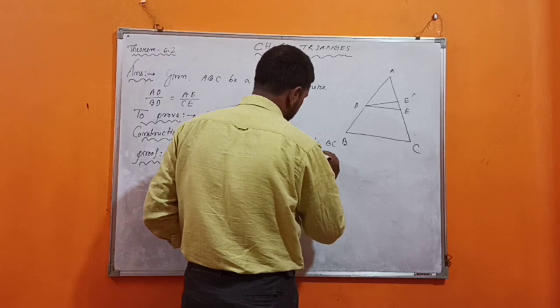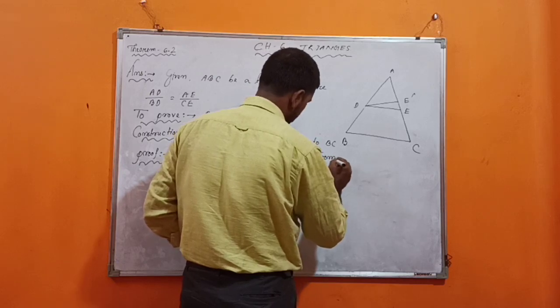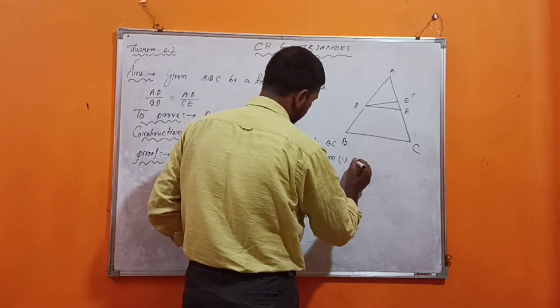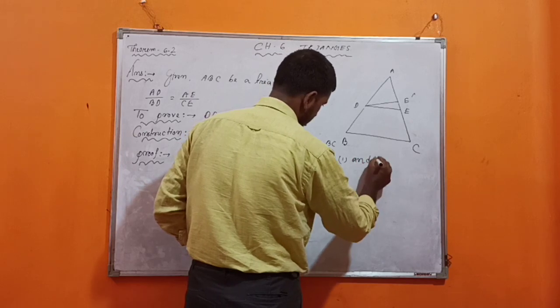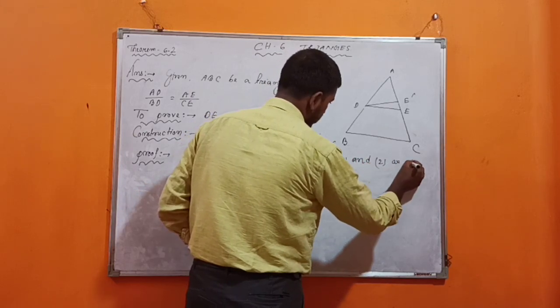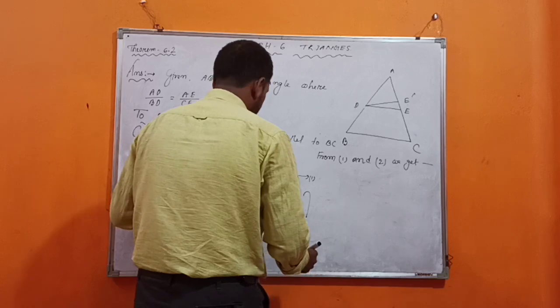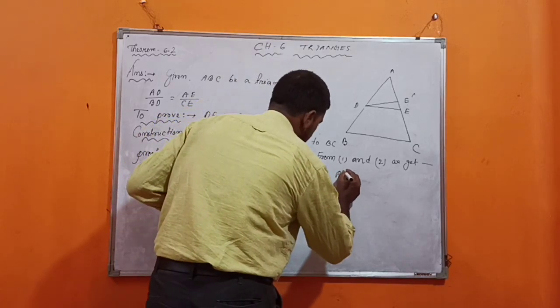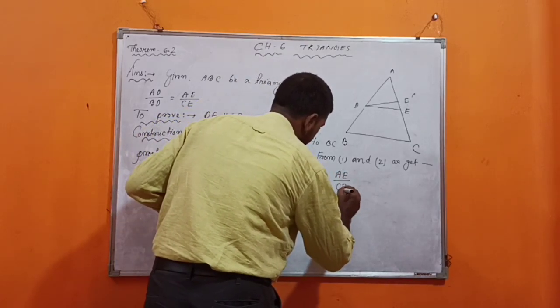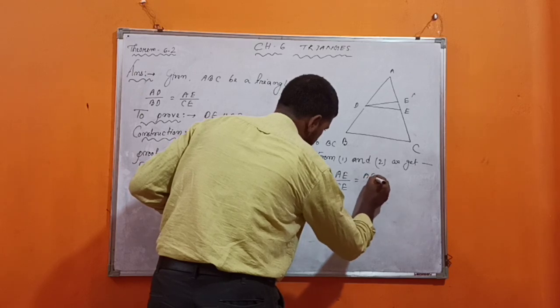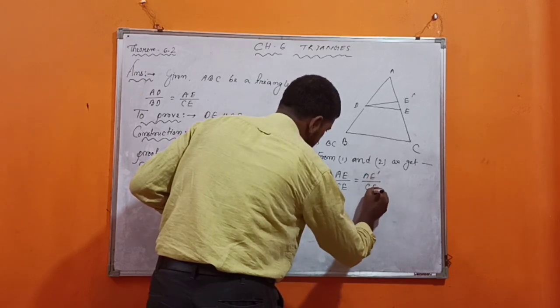So from 1 and 2 we get AE by CE equal to AE dash by CE dash.